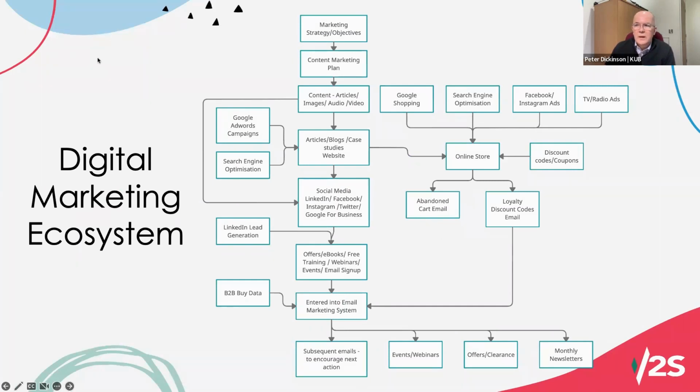But if you've got an e-commerce shop, or if you are a startup, or if you are actively growing your business, and so therefore you've put some budget aside, you'll probably be doing most of these things. Not obviously the Google shopping for the e-commerce store, but you'll certainly be doing quite a bit of this. You might have some LinkedIn going, you might be doing some SEO, you might be doing some LinkedIn lead generation. You'll certainly have a content plan, etc. And it's surprising how all these things add up. And you need to make sure that each of these is being effective.